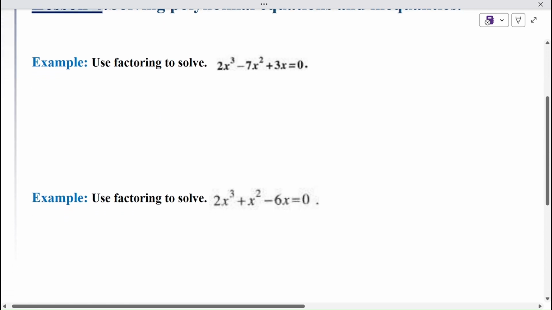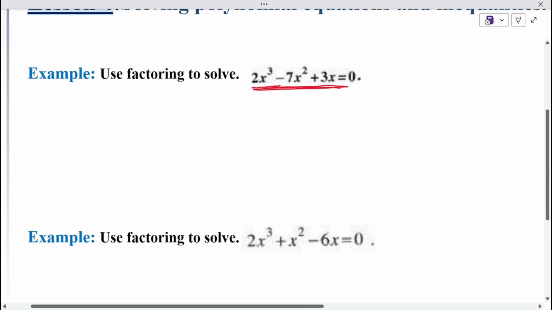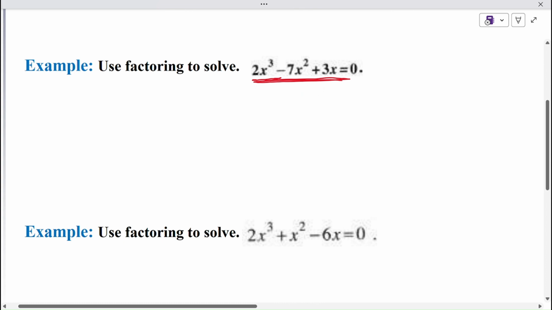The first example, use factoring to solve this polynomial. Here we have this polynomial. Okay, we have to factor it. Let's factor this polynomial. At first we have x. Look at here, we have x in all the terms.